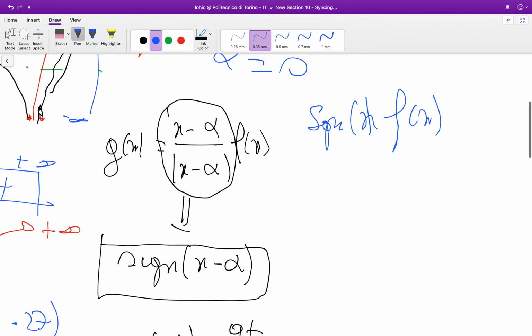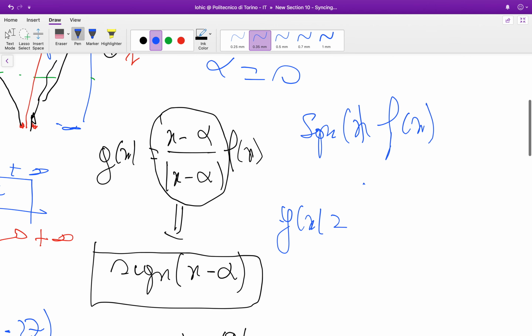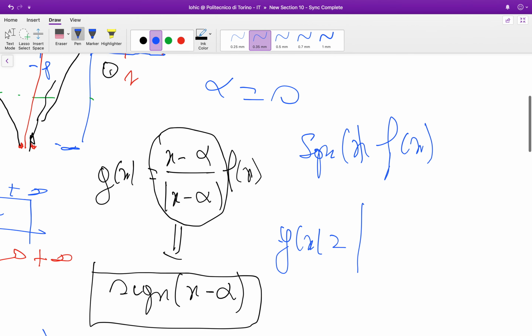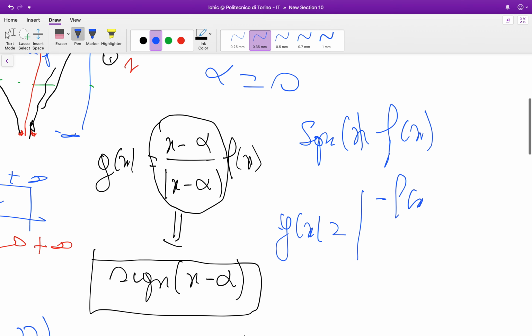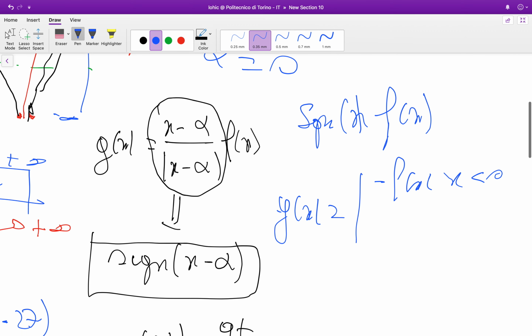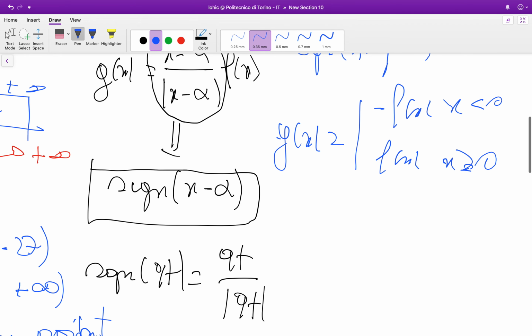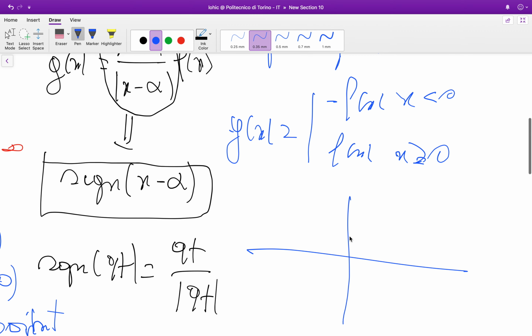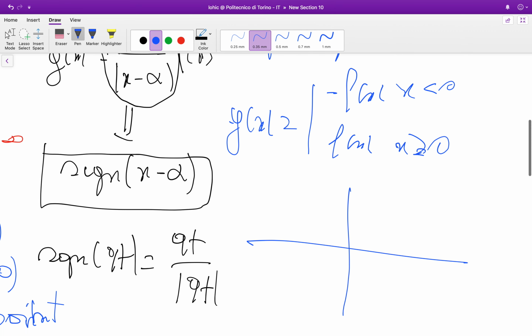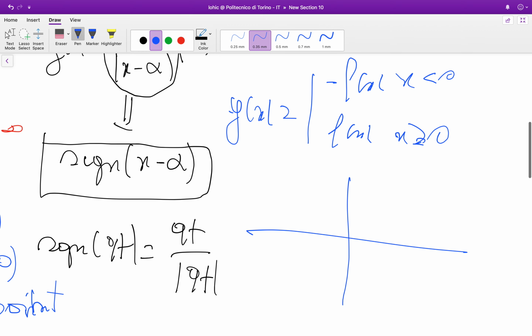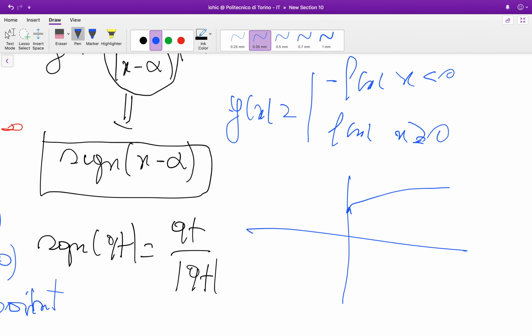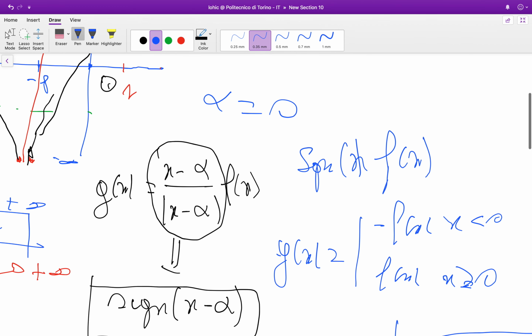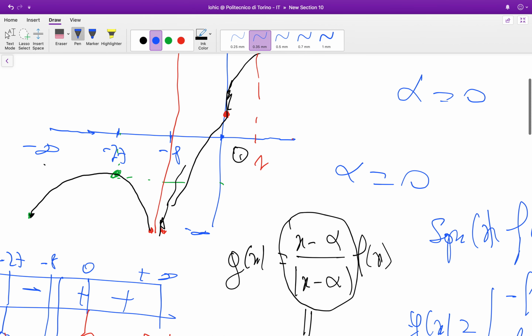So the function g of x in this case will be minus f of x when x is smaller than 0, and f of x when x is bigger than 0. If you draw this function, the function when x is greater than 0 doesn't change. It remains exactly f of x, and it is like this. But before 0 it changes.